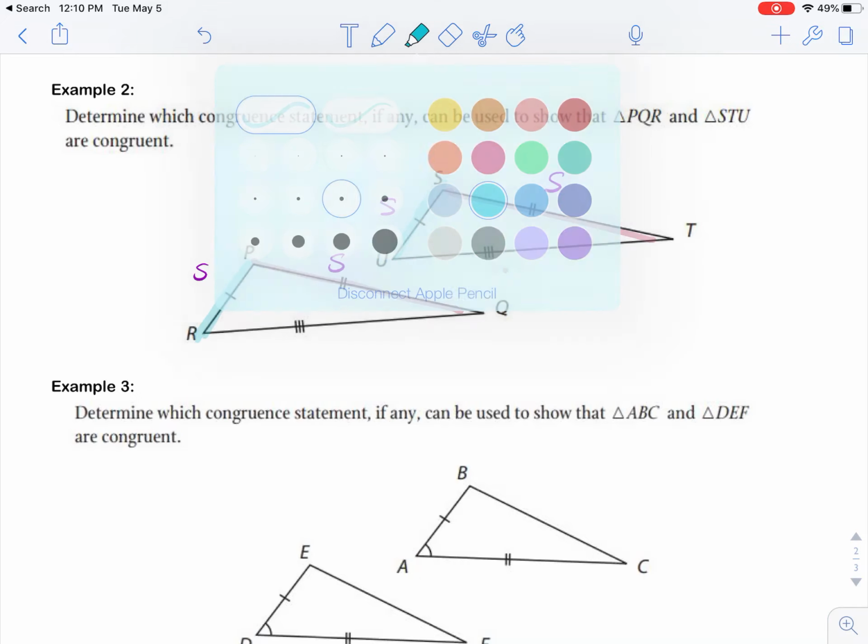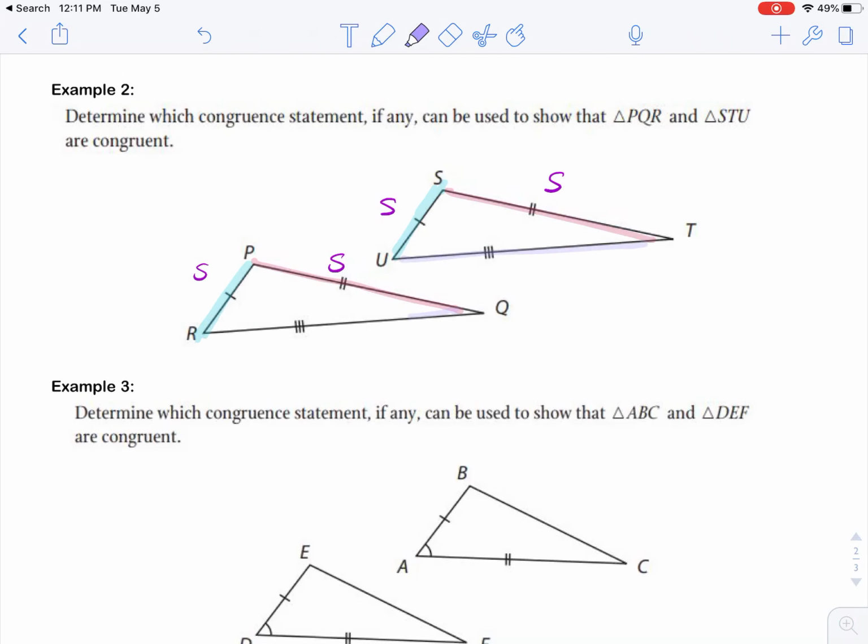And I have one more set of congruent sides. So since I have three corresponding sides, three matching sides in each triangle congruent, this is enough to say the triangles are congruent. So we could say this is yes because of side, side, side. We can abbreviate that SSS.